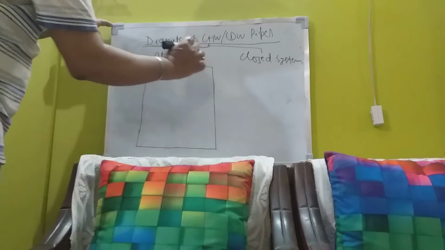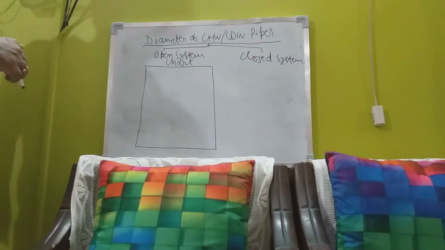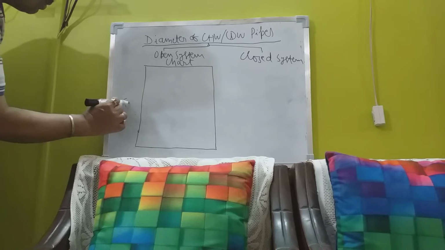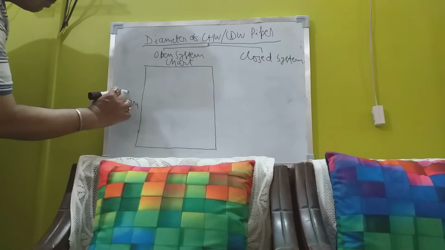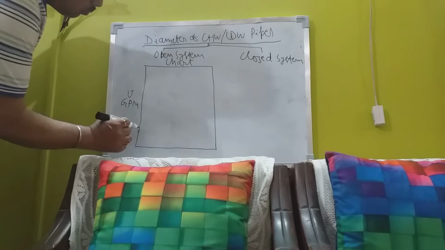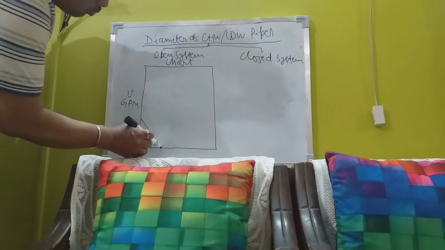This is the chart. Here is GPM. GPM is gallons per minute. Here are the curves showing velocity.